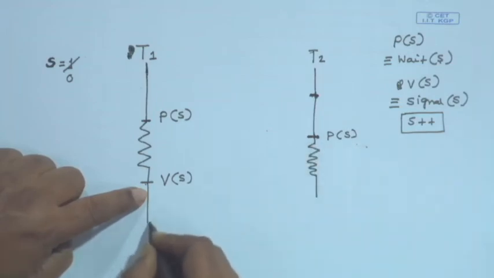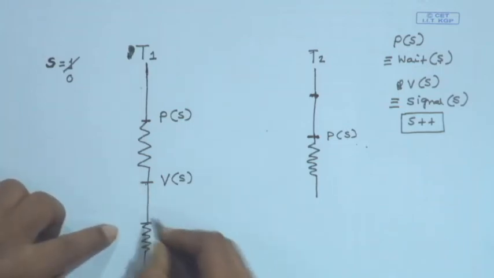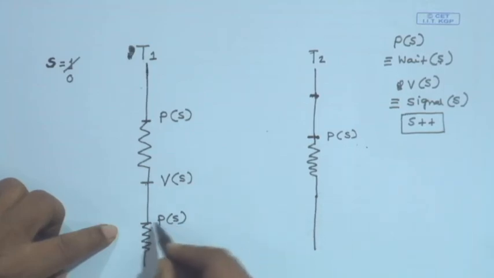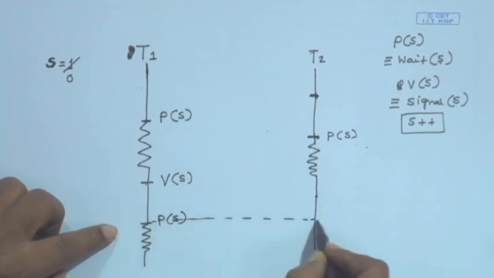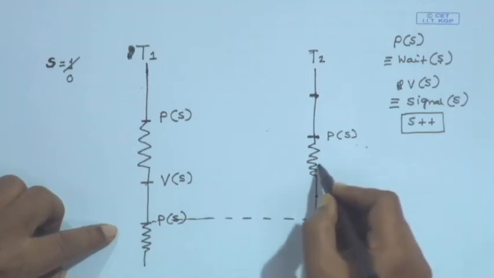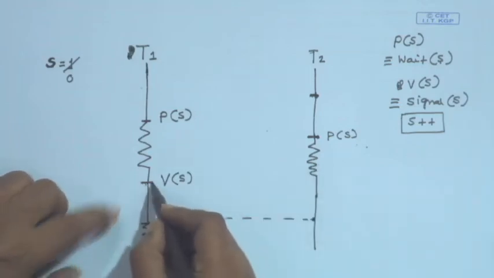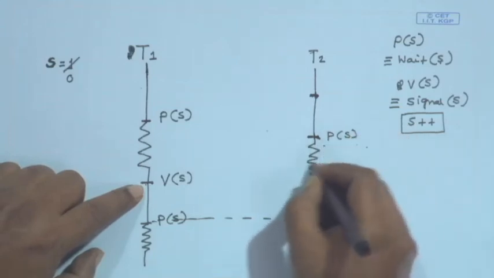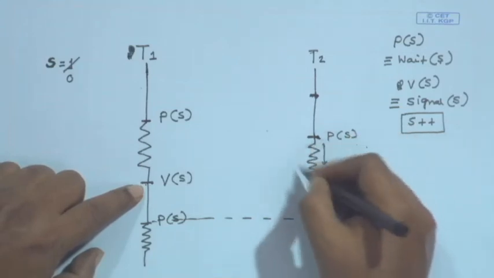Now, suppose here again T1 wants to enter the critical section. So, it will perform a PS, but this is still going on. At that point this is locked, and since T2 has got done VS, this PS has succeeded. Therefore, T2 is somewhere here now.